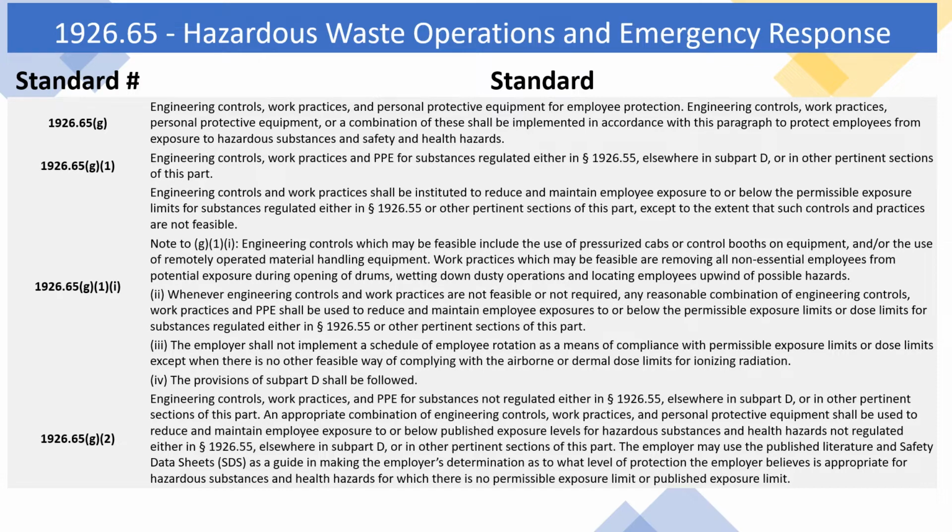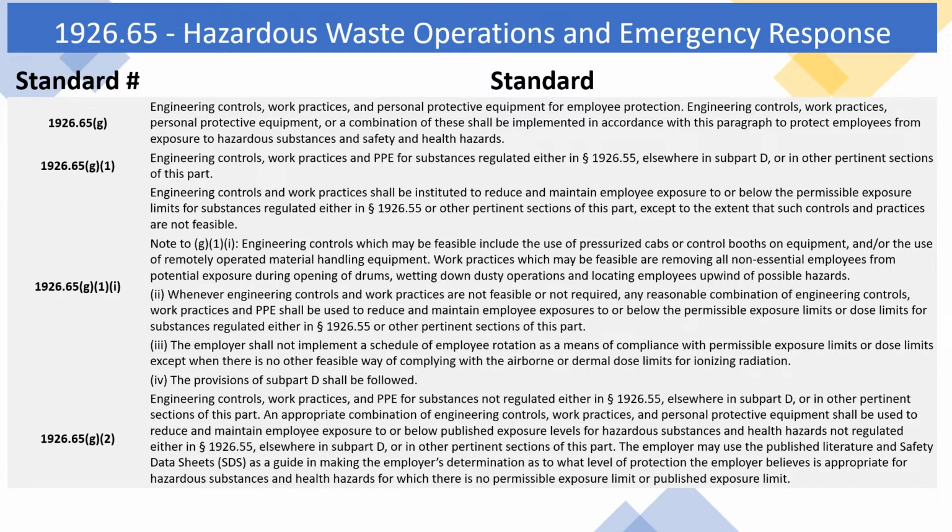1926.65 G2. Engineering controls, work practices, and PPE for substances not regulated either in Section 1926.55, elsewhere in Subpart D, or in other pertinent sections of this part. An appropriate combination of engineering controls, work practices, and personal protective equipment shall be used to reduce and maintain employee exposure to or below published exposure levels for hazardous substances and health hazards not regulated either in Section 1926.55, elsewhere in Subpart D, or in other pertinent sections of this part.